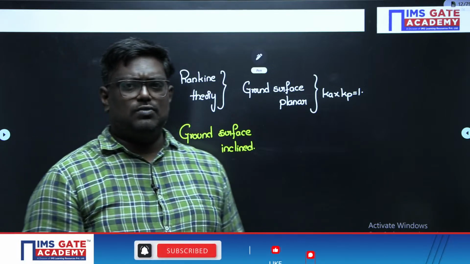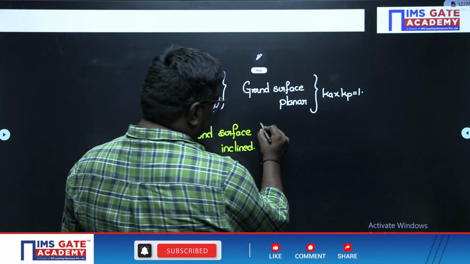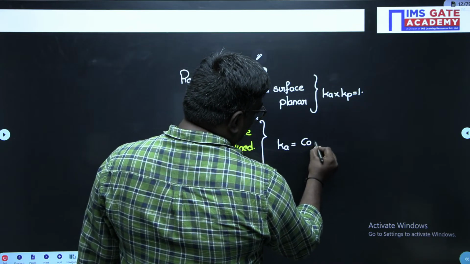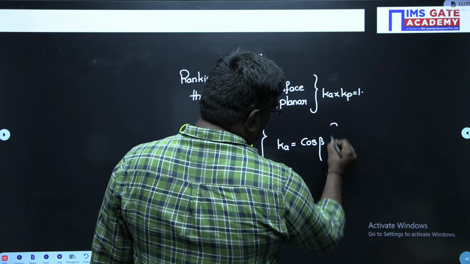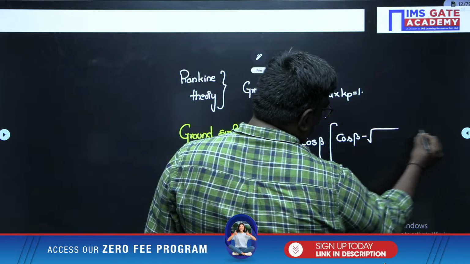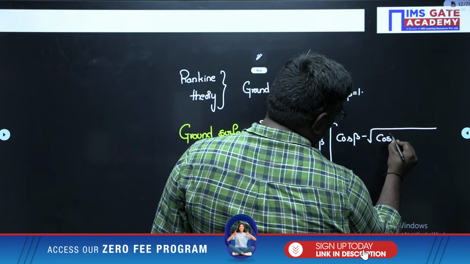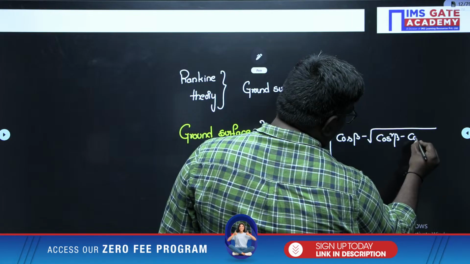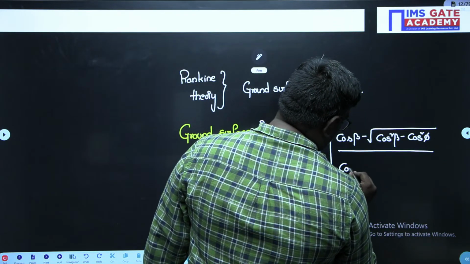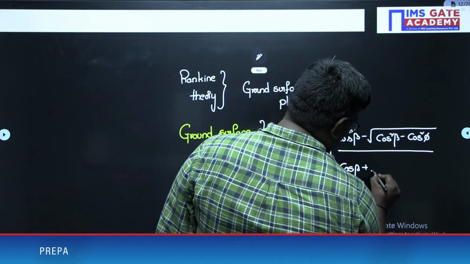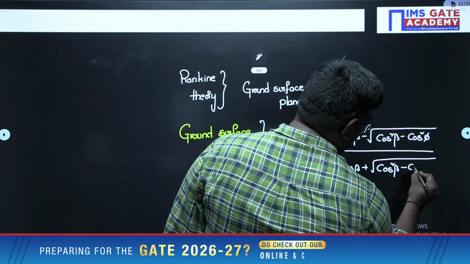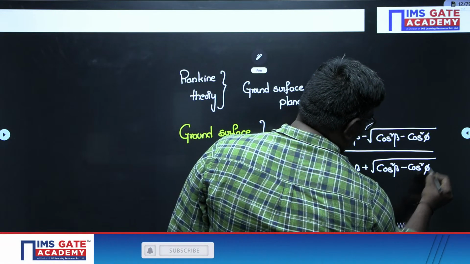If the ground surface is inclined here, Ka will be taken as cos beta minus root over cos square beta minus cos square phi, upon cos beta plus root over cos square beta minus cos square phi.